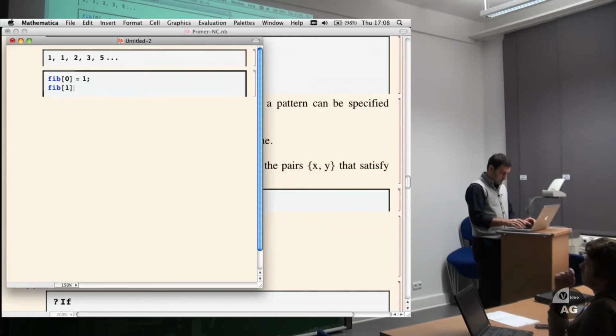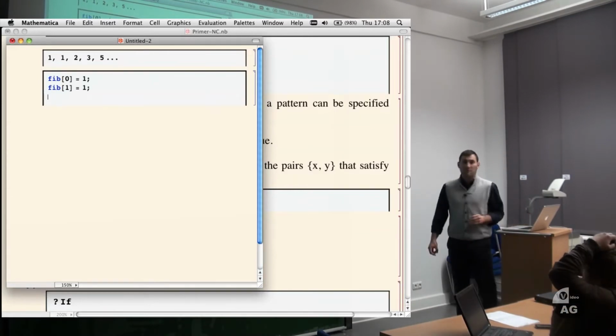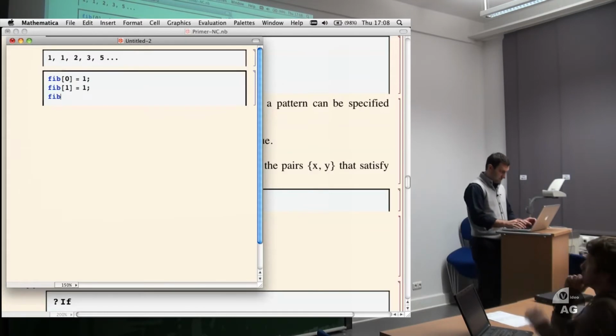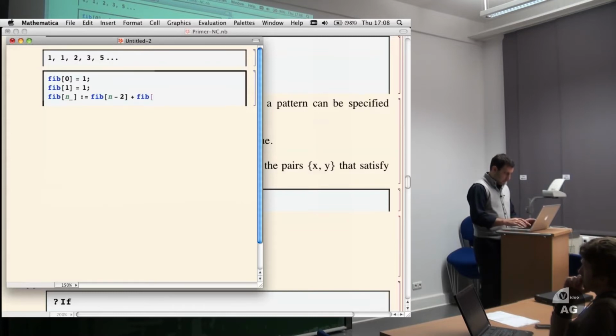Fibonacci of 1 equals 1. And then we can have a recursive definition, Fibonacci of n equals Fibonacci of n minus 2 plus Fibonacci of n minus 1.